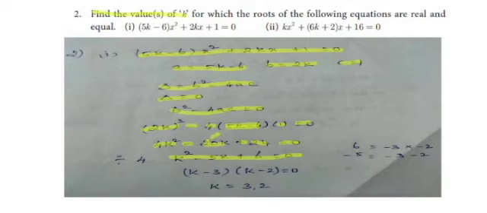It comes in quadratic form, so by normal factorization we need to factorize to find the value of k. If you multiply two numbers, you have to get 6, and if you add, you have to get minus 5. So minus 3 into minus 2 becomes plus 6, and minus 3 minus 2 becomes minus 5.